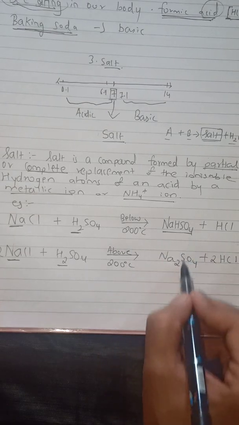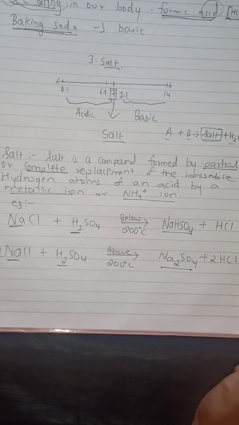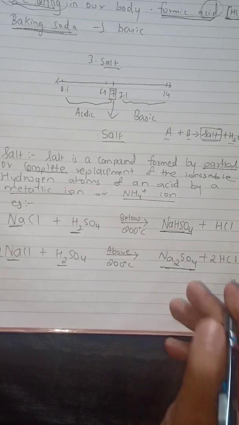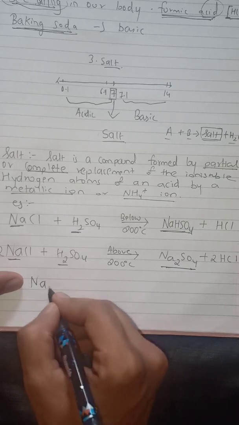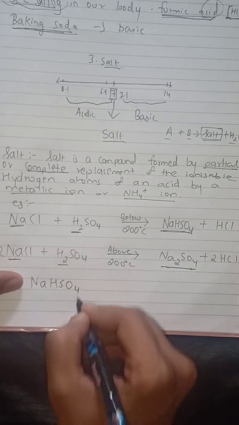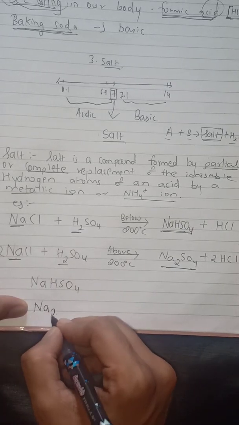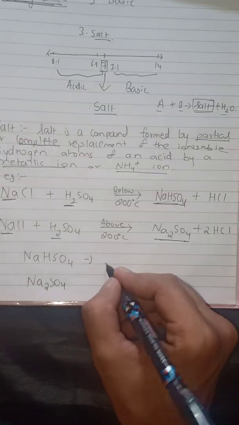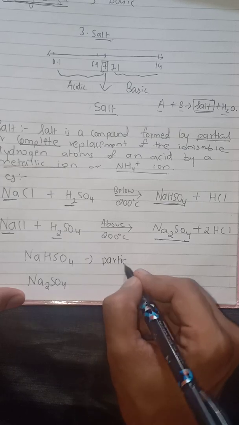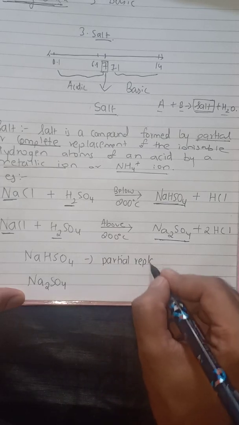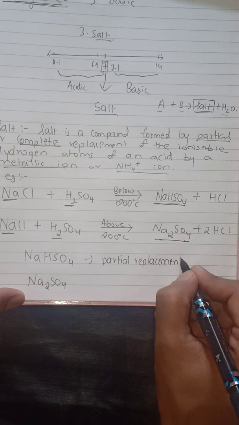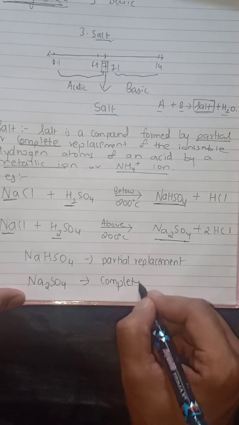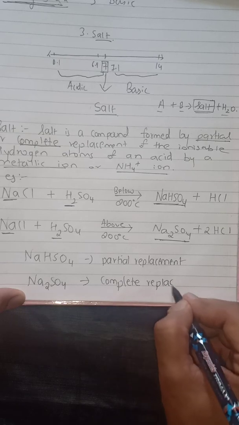But in this, there is the formation of a salt. This is a salt and this is also a salt, but there is a huge difference between these salts. This salt was formed by partial replacement and this salt by complete replacement.